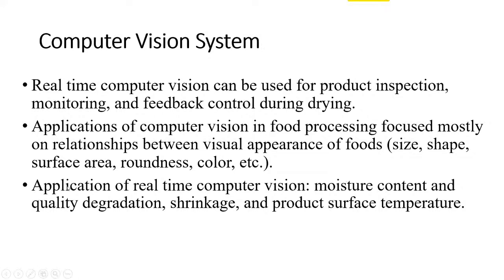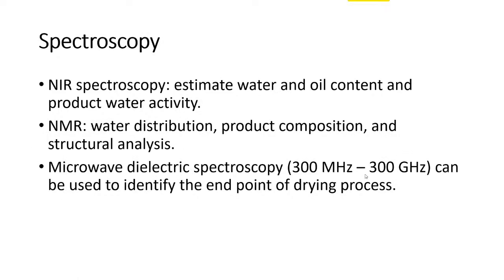We can estimate quality degradation. We can see the shrinkage that occurs, so we can adjust our drying parameters. Spectroscopy can also help us estimate water content from time to time during our drying operation.